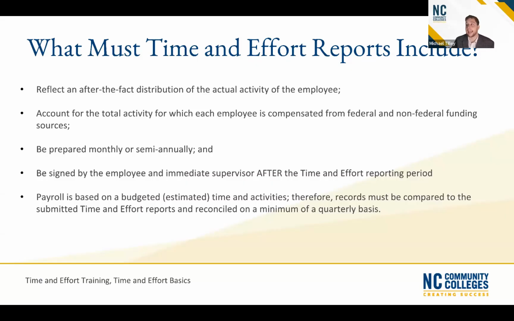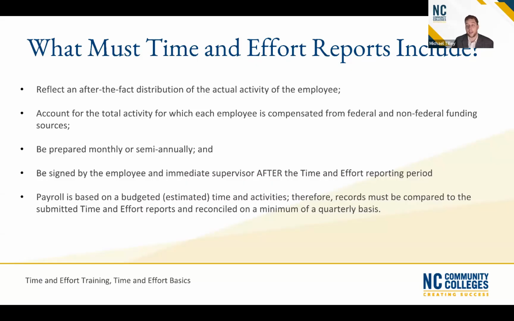And again, it needs to account for the total activity, not just the federal grant portion. So if you're funded 60% through your federal grant and the other 40% you don't do anything with Perkins or adult ed, 100% of your time needs to be documented on that time and effort submission.